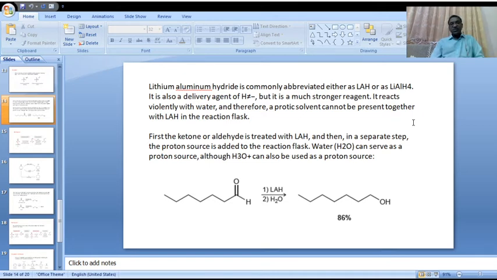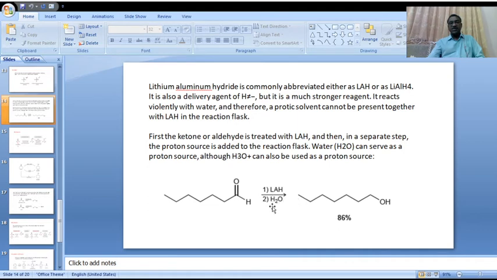First, the ketone or aldehyde is treated with LAH, and then in a separate step the proton source is added.